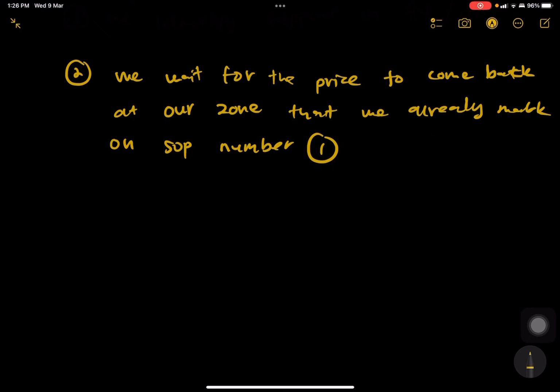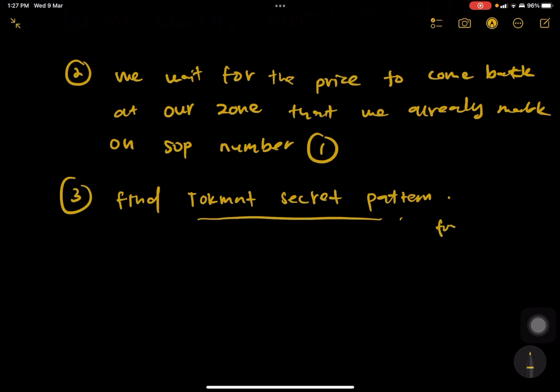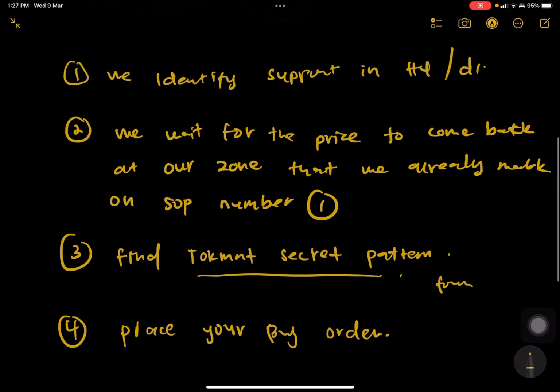After the price reaches our zone, we find the TOKMAT secret pattern. After the TOKMAT secret pattern has already been formed and completed, you can place your buy order. Okay, this is the SOP for us to entry.